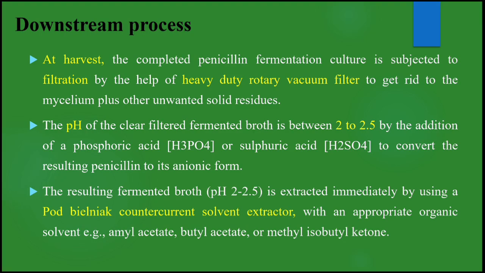The resulting fermented broth, at a pH of 2 to 2.5, is extracted immediately using a podbielniak-like countercurrent solvent extractor with an appropriate organic solvent, for example amyl acetate, butyl acetate, or methyl isobutyl ketone.